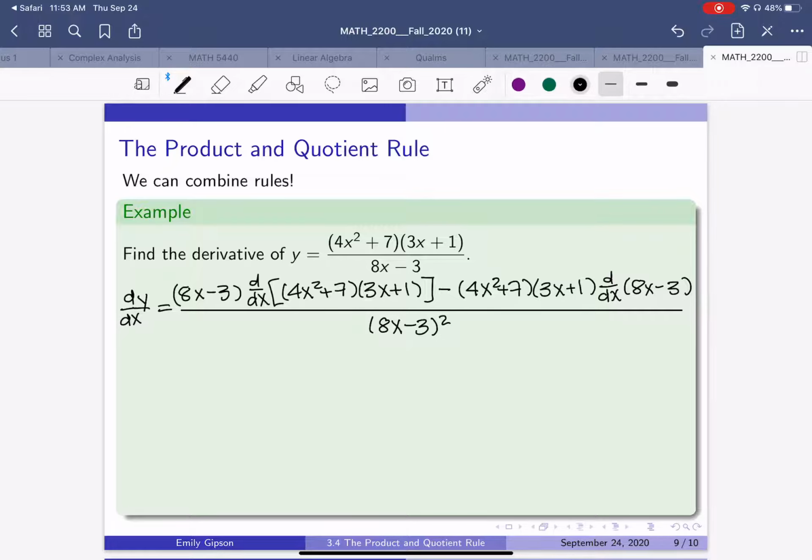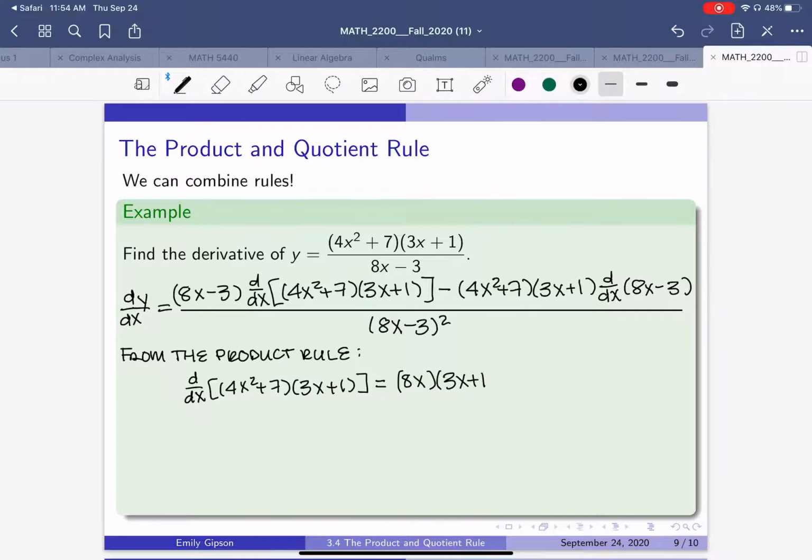So from the product rule, d/dx of 4x squared plus 7 times 3x plus 1 is equal to the derivative of the first, which is 8x, times the second, plus the derivative of the second, which is just 3, times the first.